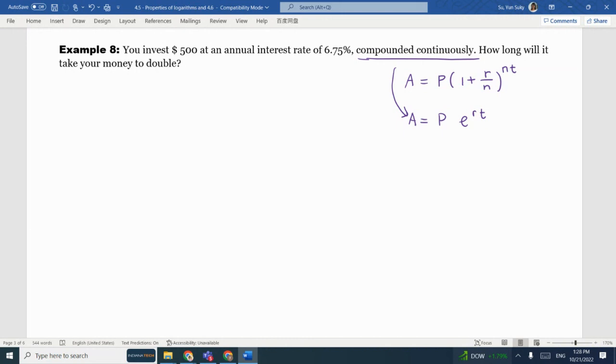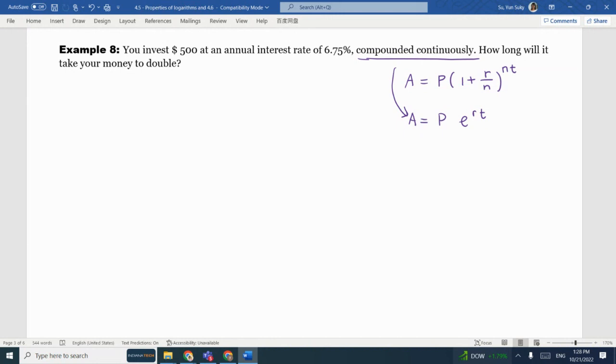But today, we know we're going to double the money and we're looking for the time. Do you see it's the reverse direction? Before, we knew the time, and then we plugged in and got the amount of money. Today we know the amount of money doubled, and we want to find the time. So this is the reverse direction.